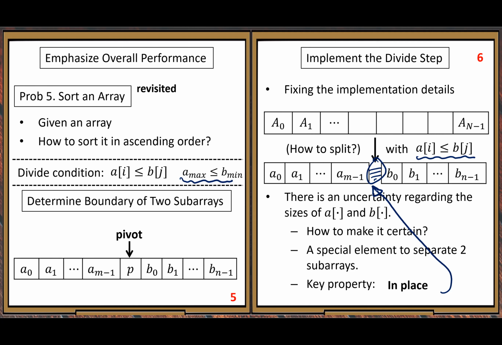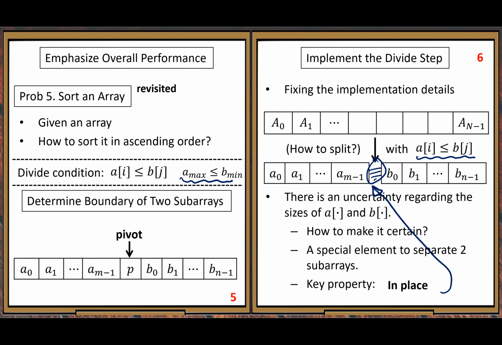So in our divide step, we need to determine our pivot element, and also we need to put it in place at the end of the divide step. Put it in place. Then, still in our divide step, we need to make sure the elements in the A subarray are at the left-hand side of the pivot, and the elements in the B subarray are at its right-hand side.